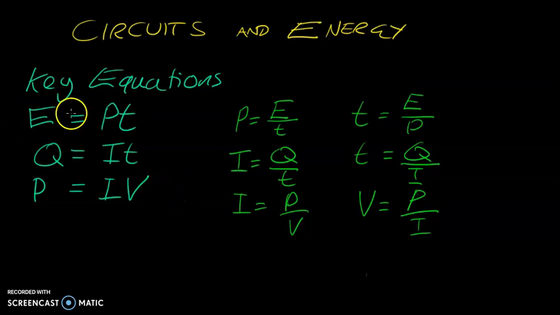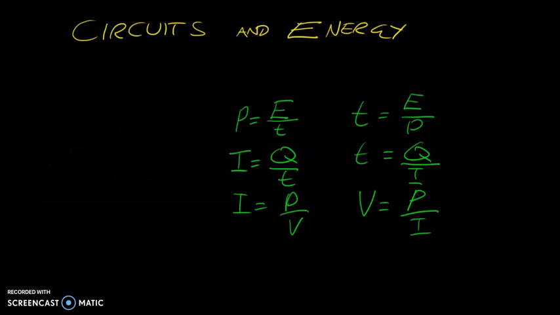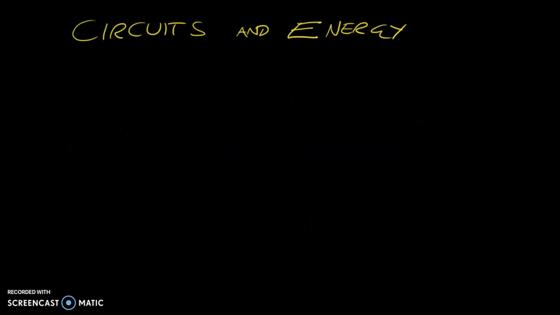The standard format is all in a line, nice and straightforward. The transpositions have fractions going on. So I always find it easier to remember the simple version like this, and then learn the technique to transpose, and you can work out all the others as we go along. If you want to pause at this point, make a little note. I think you might find that useful. Before we move on to talk about our circuit.